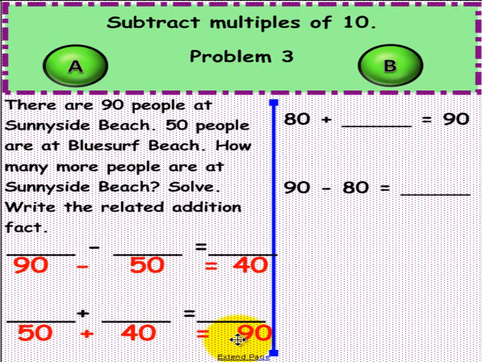And that's how you check. Let's look up here at B. 80 plus what equals 90? If you said 10, that's correct. 90 minus 80 equals 10. If you would please, have another student come up to the smartboard while you erase your answers. Thank you.